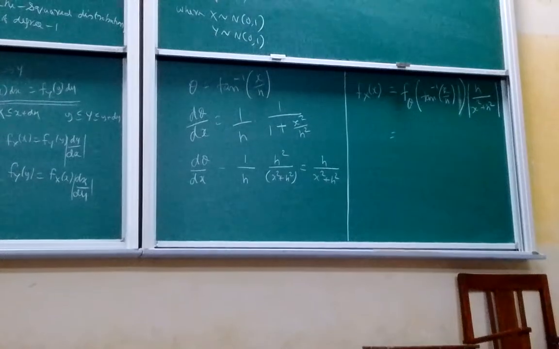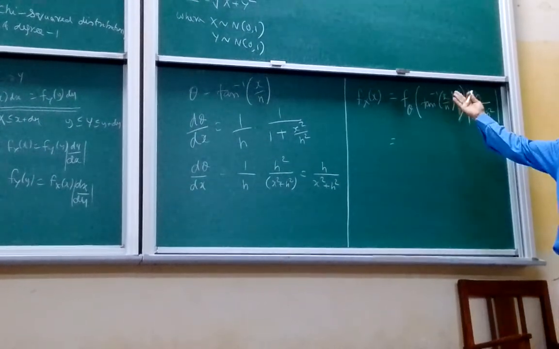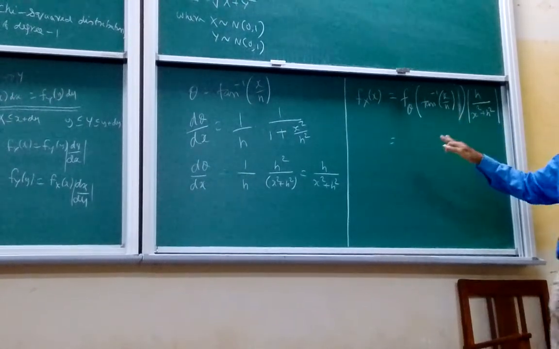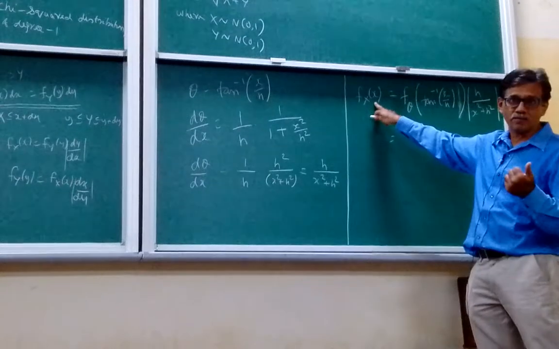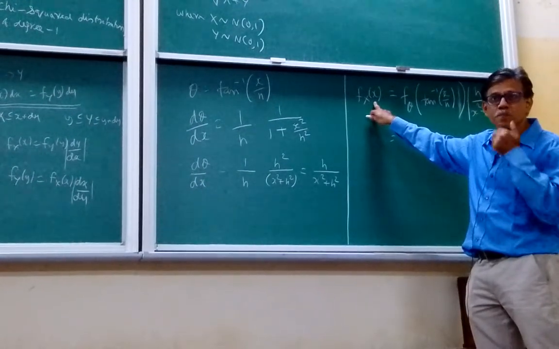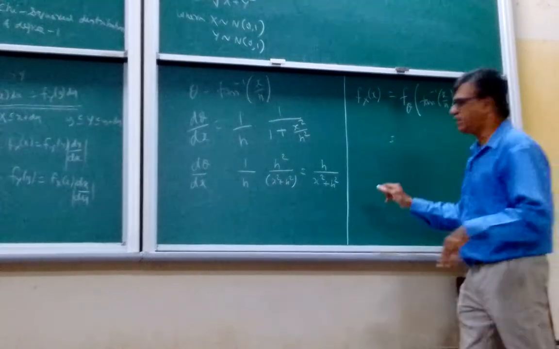Just because it is uniform, whatever complicated thing it comes, I don't care. It is uniform between minus pi by 2 and pi by 2. What is the range of x? What values can x take? Minus infinity to plus infinity.